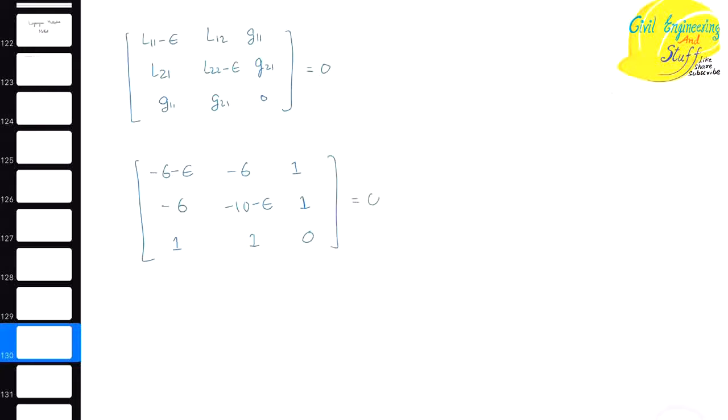Okay, so we are going to find out the determinant, and I'm solving it. First of all, we are going to have minus 6 minus the polynomial function, times minus 10 minus the function into 0, minus 1 into 1.